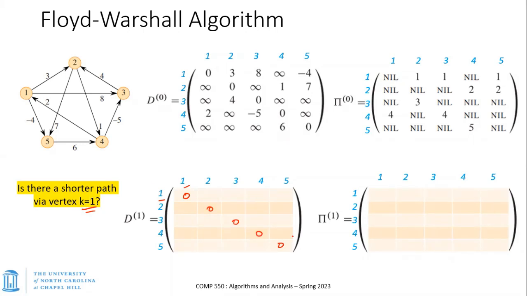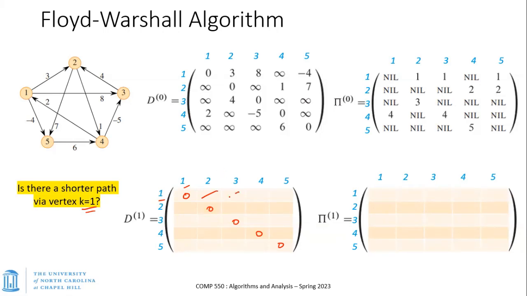And the question is, can you go from 1 to 2? Can you improve the distance from 1 to 2 by going through 1? Again, you're starting at 1, so you're already at 1, so you can't improve by going through 1. So this will also not change, and I'm going to show this by just a straight line. Obviously you can't improve going from 1 to 3 by going through 1.